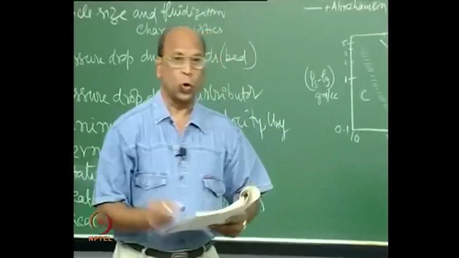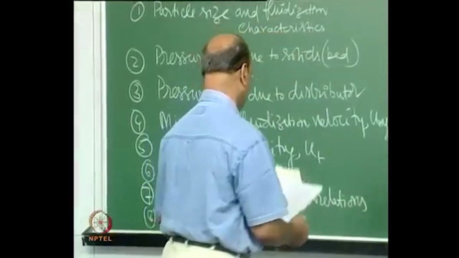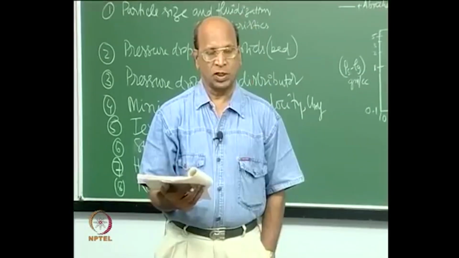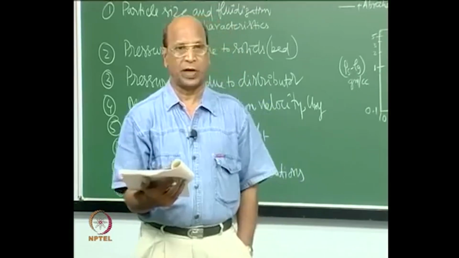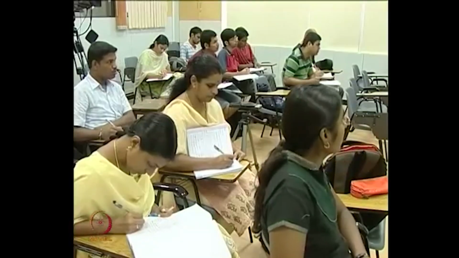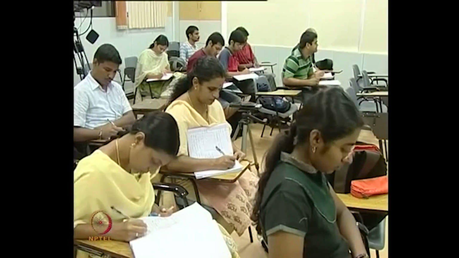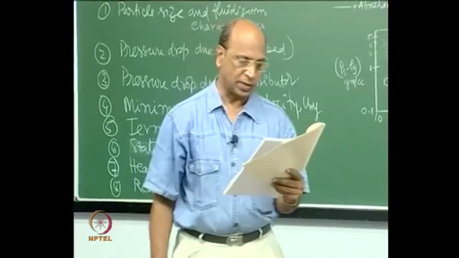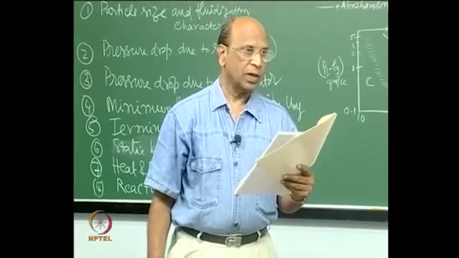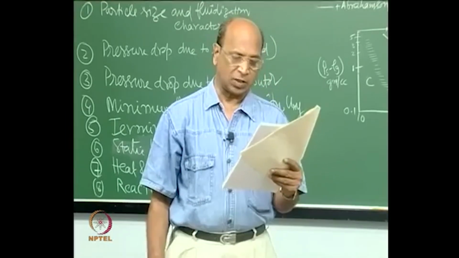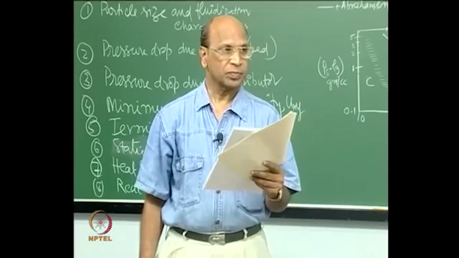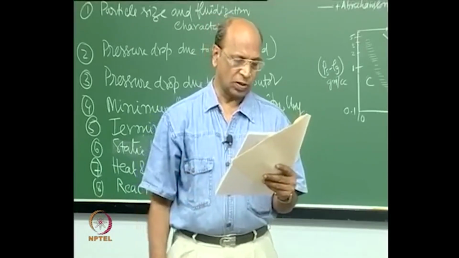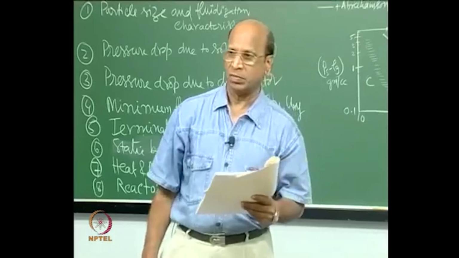Group C, we will start with group C. You can now write group C, underline. These particles are very cohesive and fine powders, usually around 10 microns, 20 microns like that. Normal fluidization is extremely difficult for these solids, because interparticle forces are greater than those resulting from the action of gas, normally drag force.